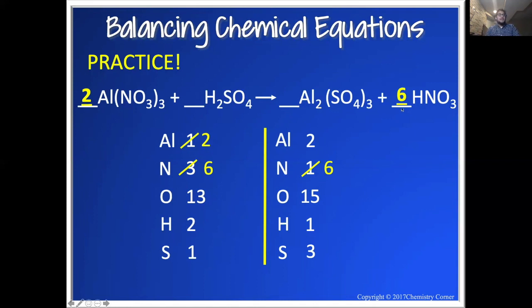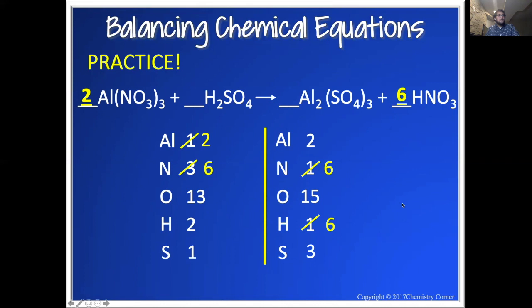So here, what I've now done is I've put a 6 in front of this molecule here. And so now I know I have 6 hydrogens on the right side of my equation, 6 times 1. So I fix my chart. I'm always updating my chart. You're always crossing out old numbers and writing in new numbers as you add coefficients. So I'm looking at my hydrogens.